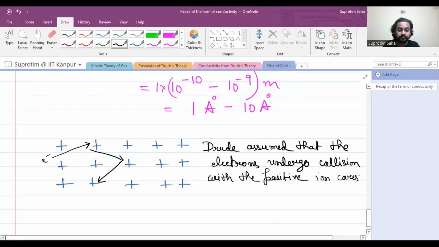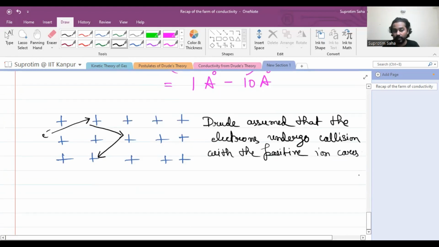Fair enough. It was natural at that point to assume that, because the typical length scale, the mean free path of the electrons, comes out to be 1 angstrom to 10 angstrom, which is also the typical length scale between two positive ion cores, the distance between two ion cores, the lattice sites. It was natural to assume that the electrons are undergoing collisions with the positive ion cores. So that was Drude's assumption.